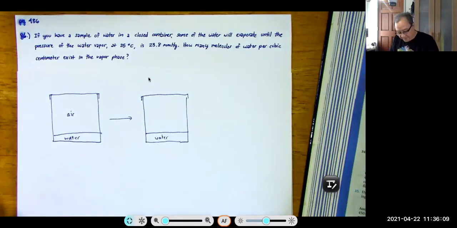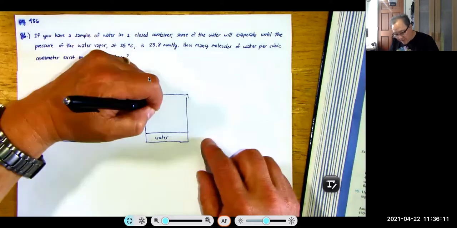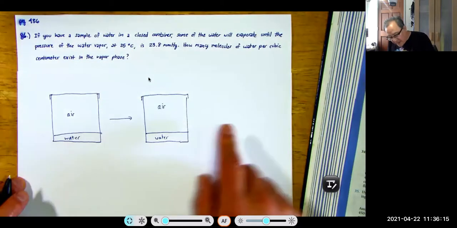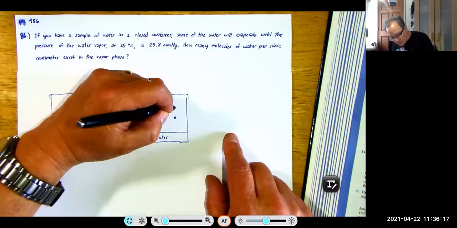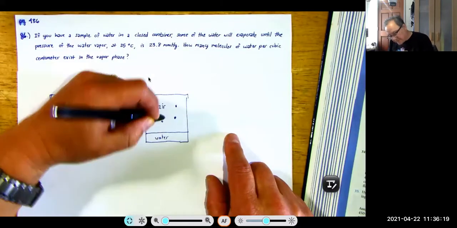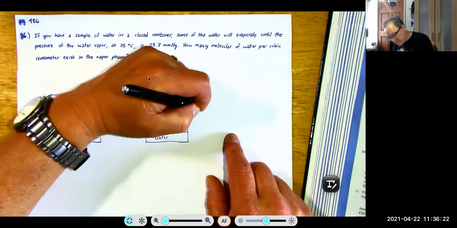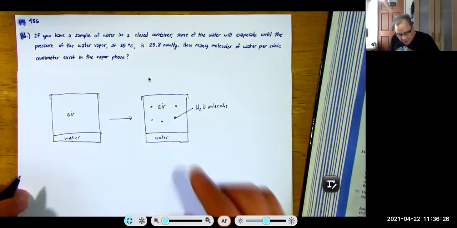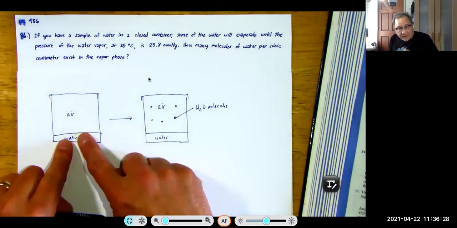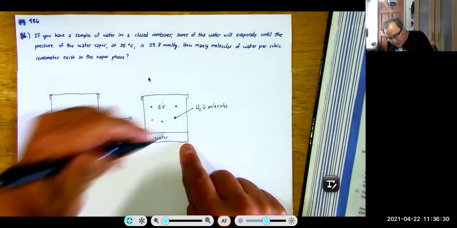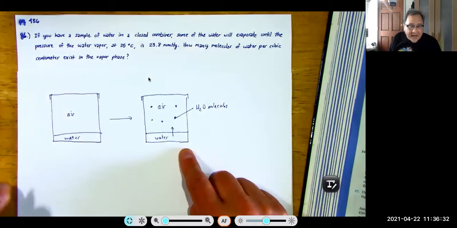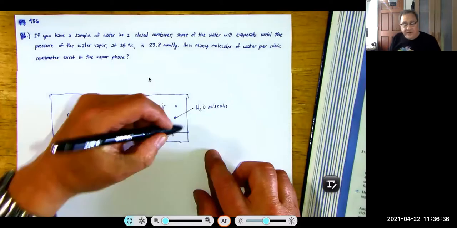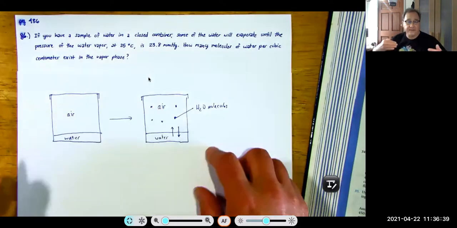So are we still going to have air in our closed container? Absolutely. But now we're going to have some water molecules in here. And what happens is when this goes from here to here, water molecules come out and become gas, but also water molecules go back in and become water until we have equilibrium.